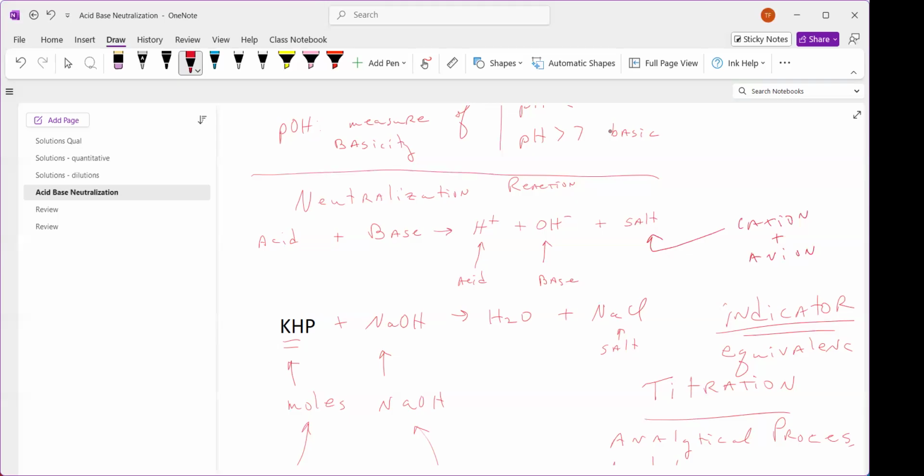So now we're getting water. We're getting an H off the KHP. So the H in the middle is the one that leaves, bonding with the OH from the sodium hydroxide, forming water.